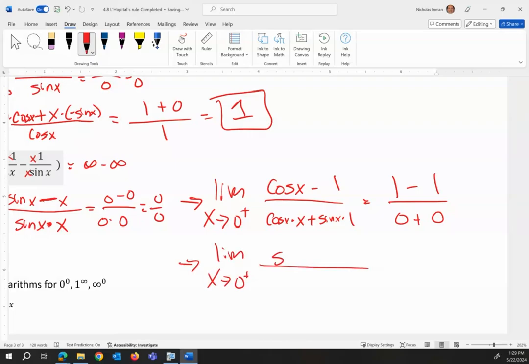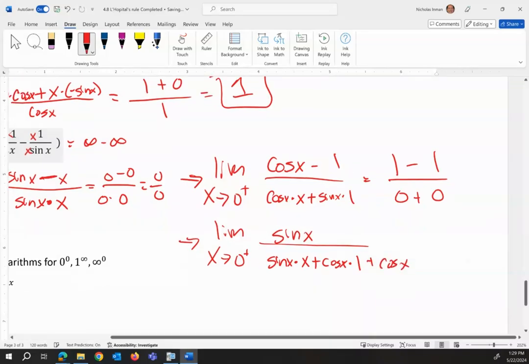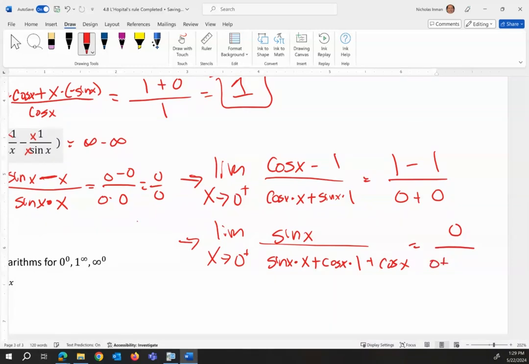Derivative of cosine is sine, and derivative of 1 goes away. Derivative of the bottom: derivative of cosine is sine times x plus cosine times 1 plus cosine. All right, we try putting in 0 again. I got 0 on the top. 0 times 0 plus cosine of 0 is 1, plus cosine of 0, that's 1.